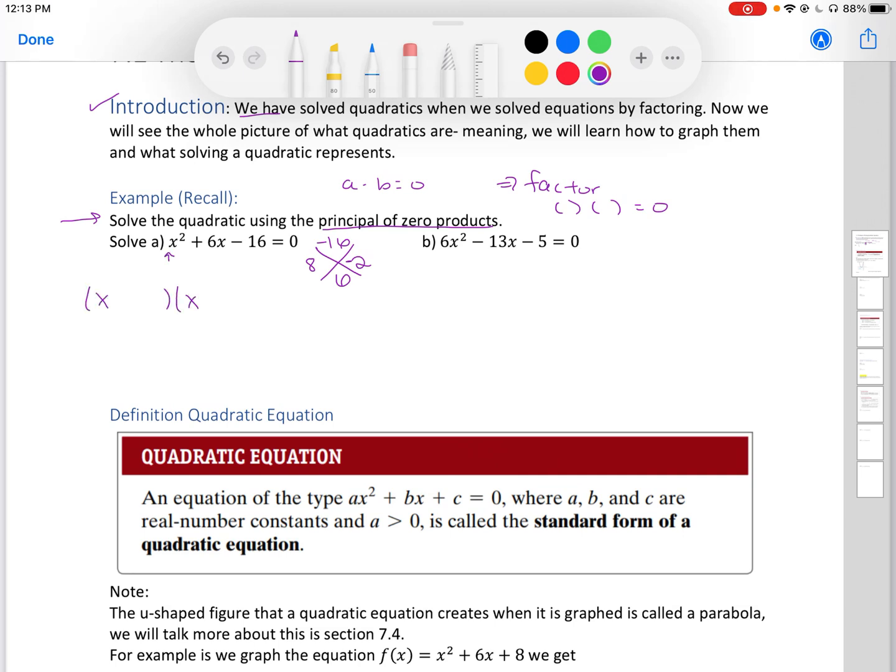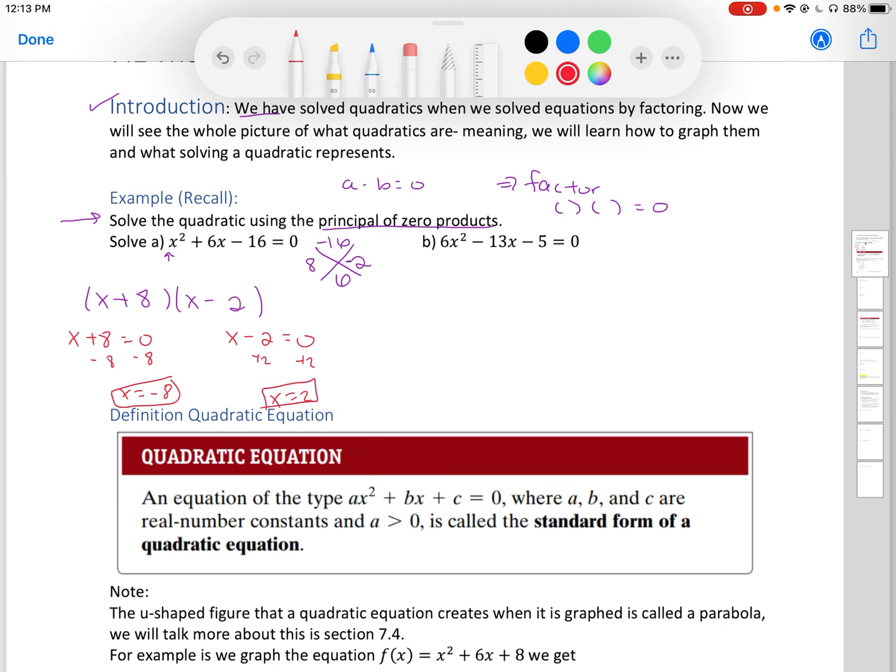This factors to be x plus 8 and x minus 2. And then I can set each one equal to 0, and we get that x equals negative 8 and x equals 2.